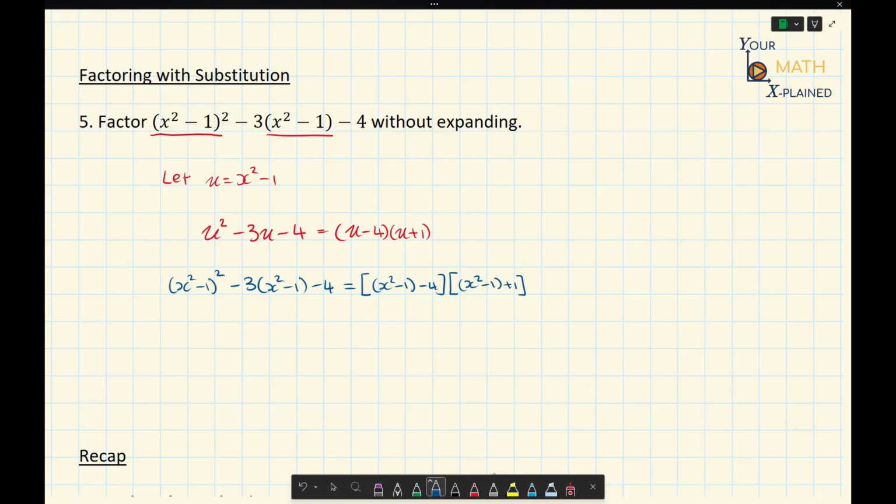And then we're just going to simplify the right side a little bit. And we get this is equal to x squared minus 5 times x squared, and this would be our final answer.